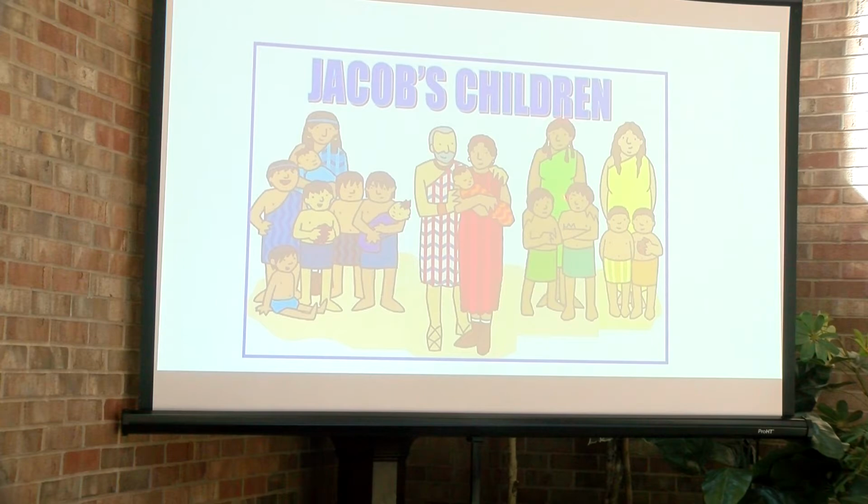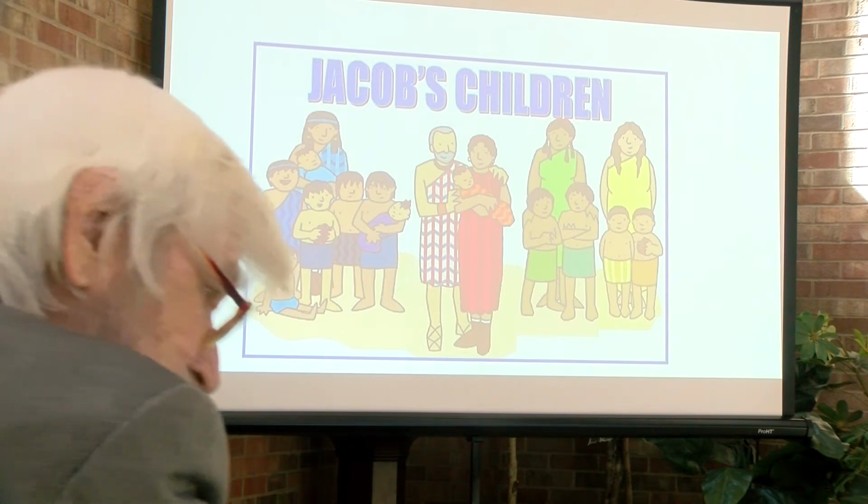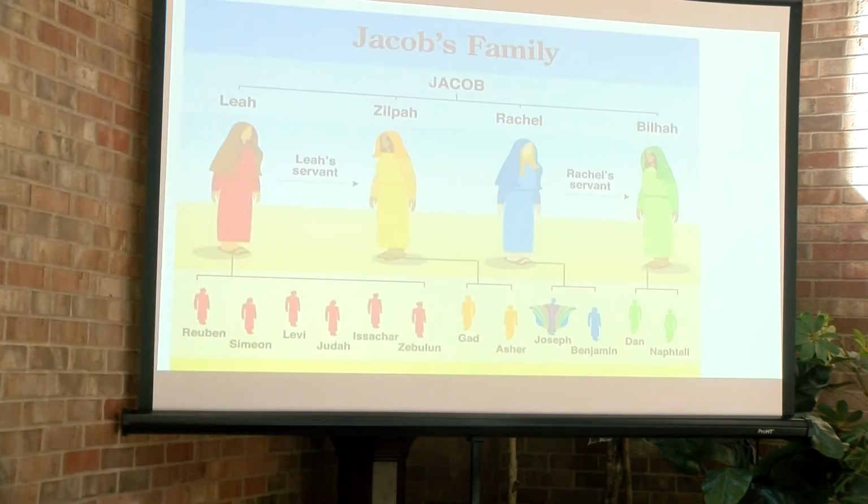But these 2 servant girls do have children. Here's a breakdown of the different ones. If you take a look at all of these down here, you realize these are the names of what? These are the names of the 12 tribes of Israel, except for Joseph, which later on becomes Ephraim and Manasseh.